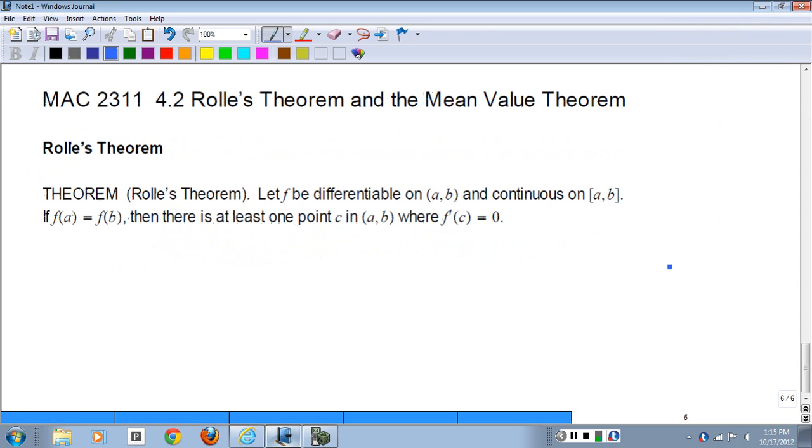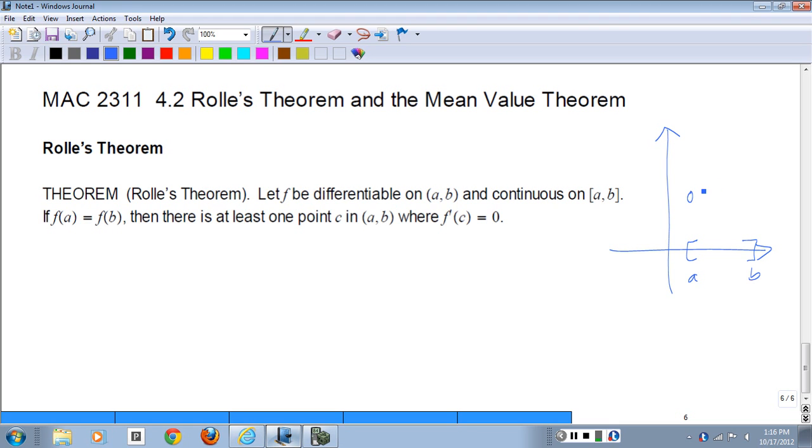First, Rolle's theorem. Let f be a differentiable function on the open interval AB and a continuous function on the closed interval AB. Now, if it's differentiable on the open interval AB and actually defined on the closed interval AB, it doesn't have to be continuous.